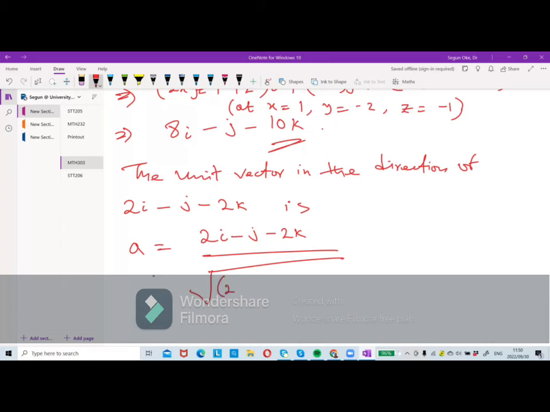Revise your notes. It's going to be 2 squared plus minus 1 squared. I'm using the coefficient of each of them, plus minus 2 squared.